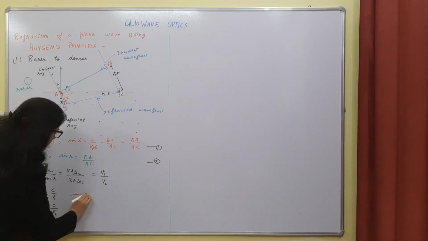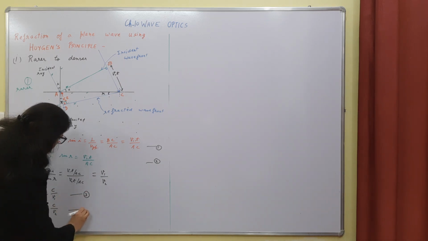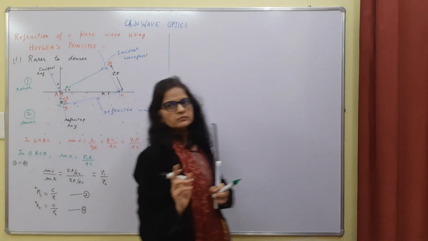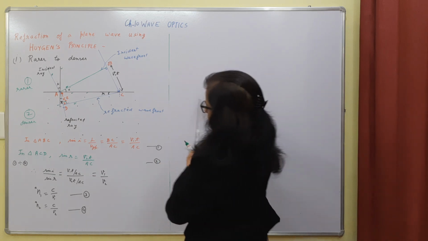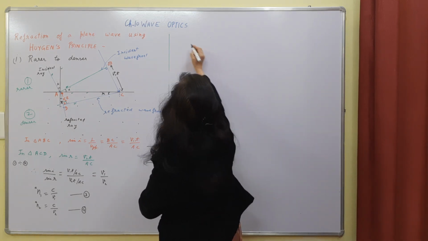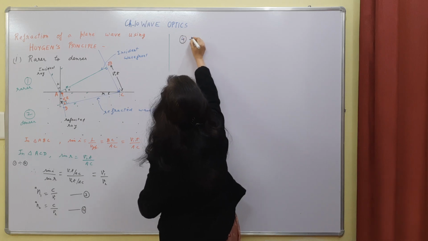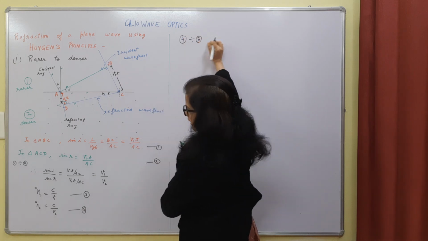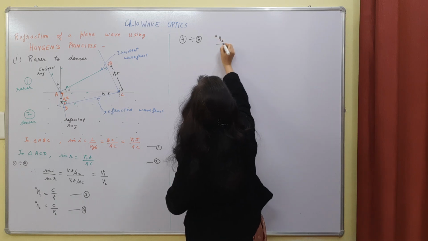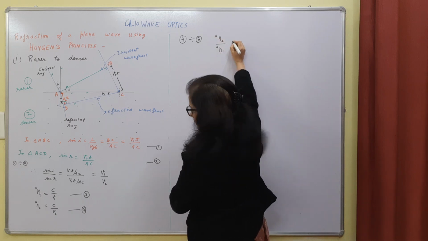We can mark this as 3 and this as 4, right? We have to find, if we divide 4 by 3, what will we get? n2 upon n1.